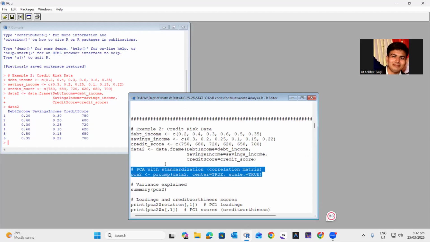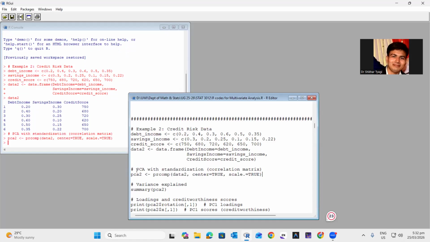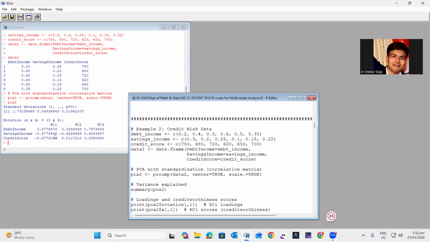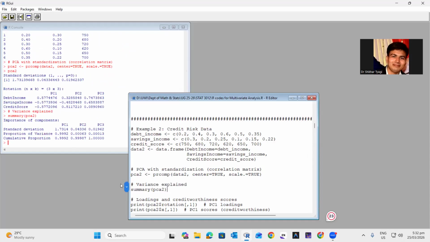So we apply PCA here, and this is the output of our principal component analysis. Then we call the summary. Either you can call it like this, or you can call the summary to explain the variance.